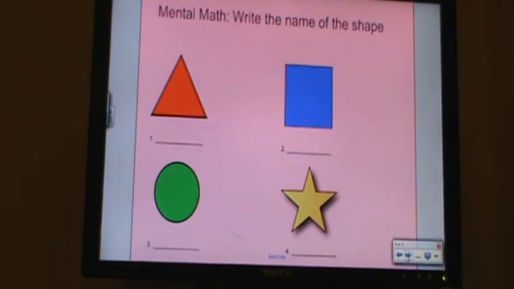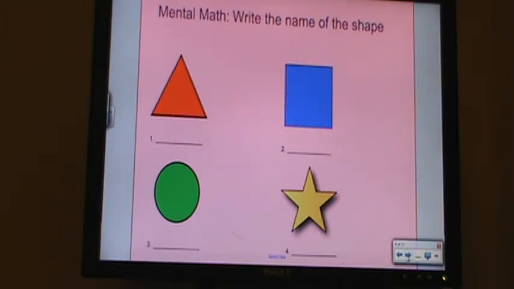During the mental math, I will be giving the students a worksheet with 4 shapes. I will be asking the students to write the name of each shape. The purpose of this activity is to know if the students are able to spell the names of the shapes correctly and also identify each shape correctly.